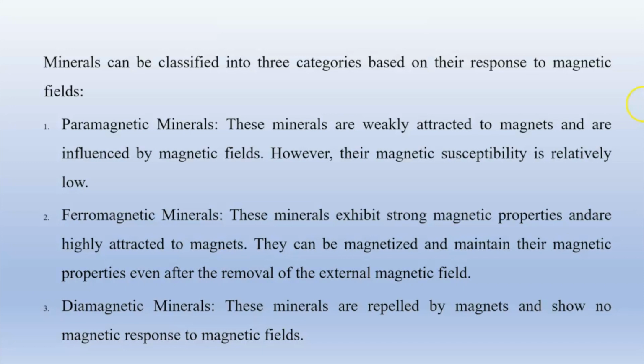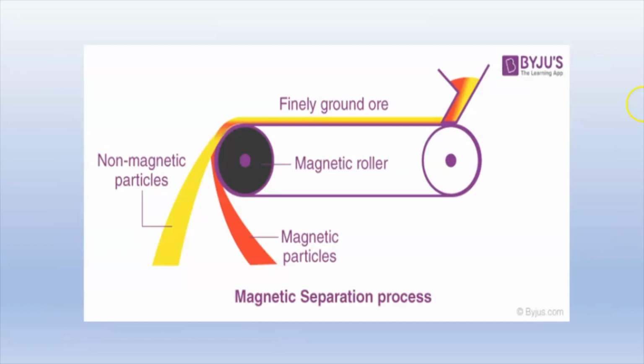Whereas ferromagnetic minerals exhibit strong magnetic properties and are highly attracted to magnets. They can be magnetized and maintain their magnetic properties even after the removal of the external magnetic field. The diamagnetic minerals are repelled by magnets, but they show a weak magnetic response to magnetic fields.